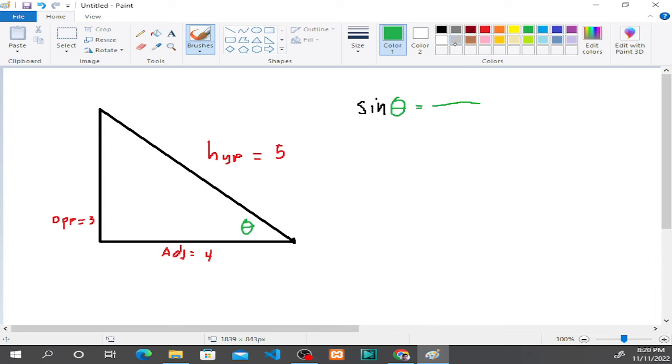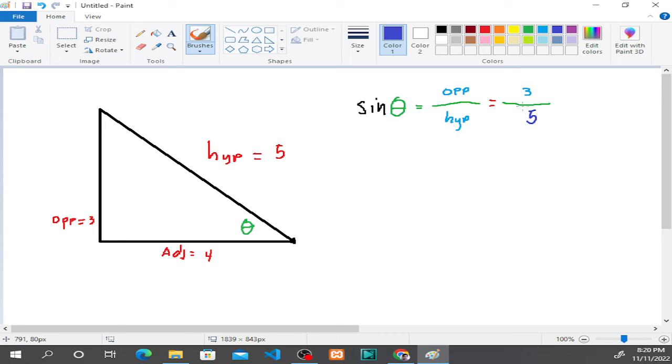opposite, so the opposite is 3. This is the opposite side over the hypotenuse, and that's going to be equal to 3 over 5.